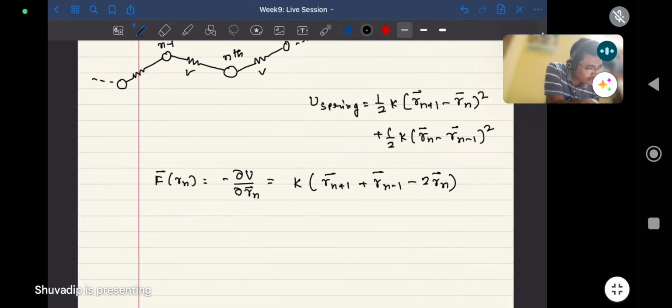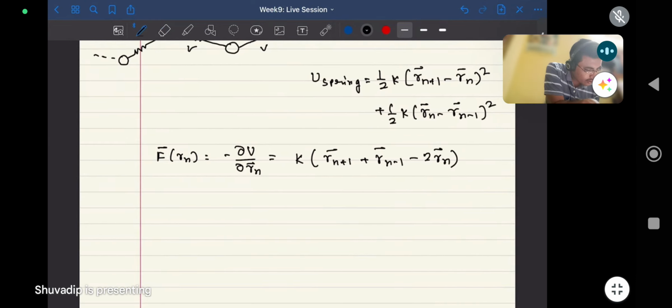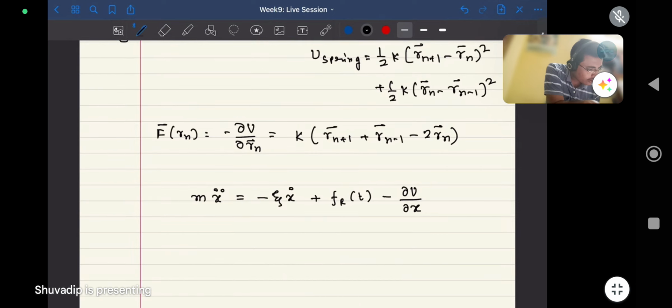Now if we want to write down the equation of motion, that will be m x double dot is minus xi x dot plus a random force, the thermal fluctuation f of R t, minus del U del x, the force due to the potential.